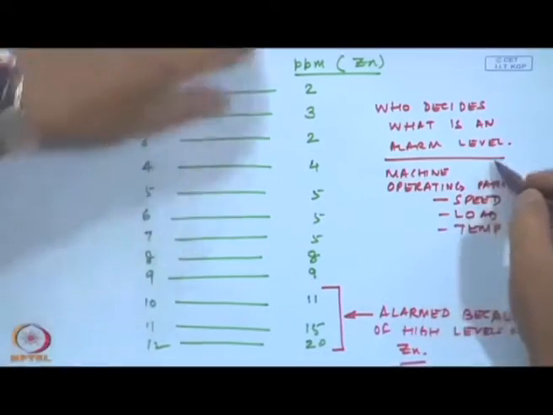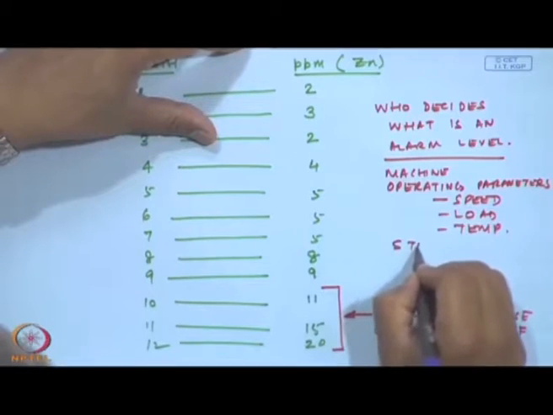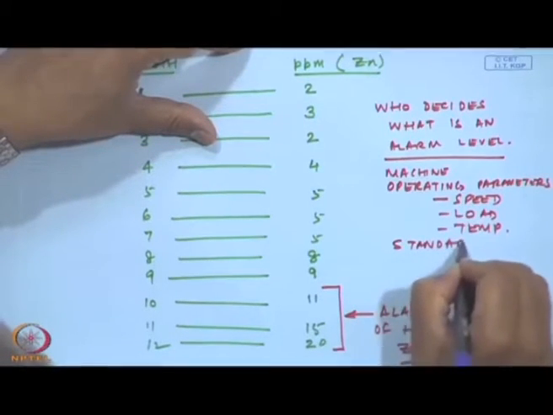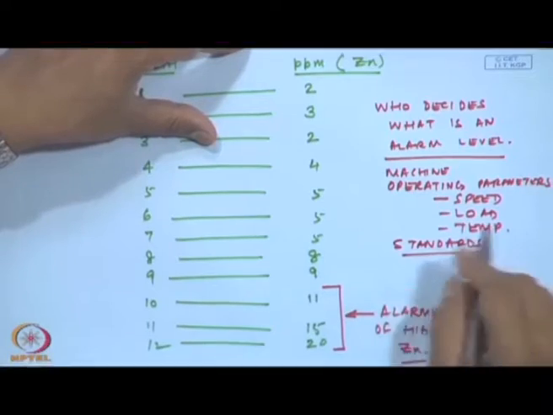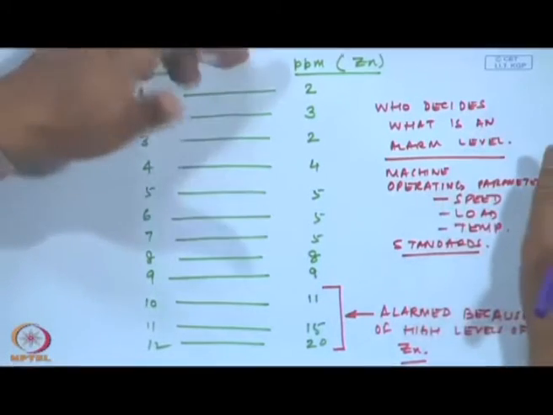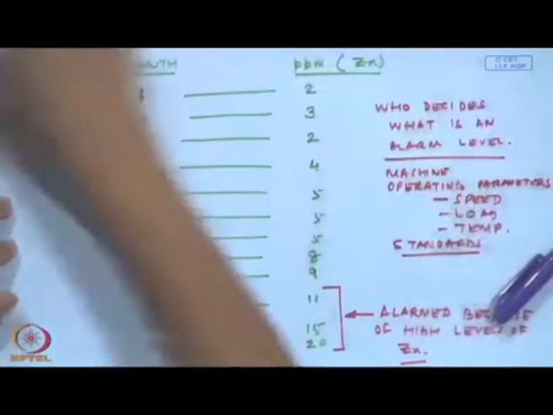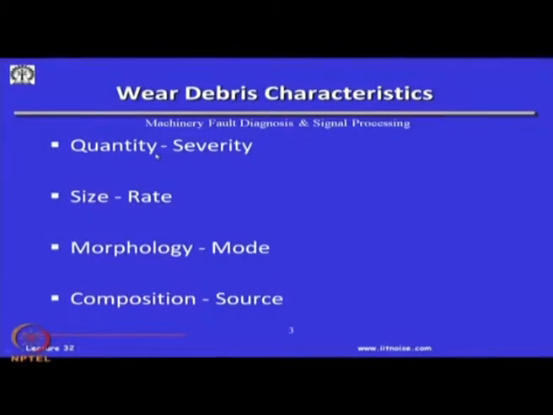Okay, the machine could be a gearbox, blower, etc. So, for these there are standards, or industries have made their own standards based on their experience. They say, if I get more than 15 ppm of zinc, I should be alarmed that the machine has undergone a severe failure. Okay, so this severity level, or the alarm level, is actually decided by the user himself or herself.